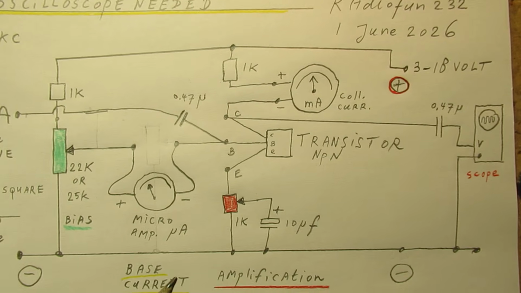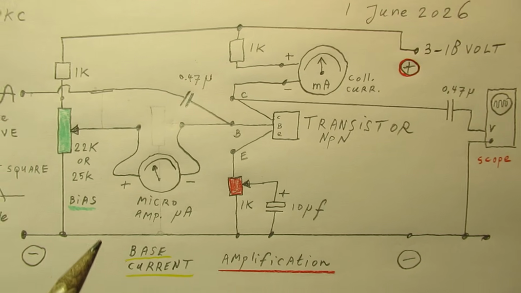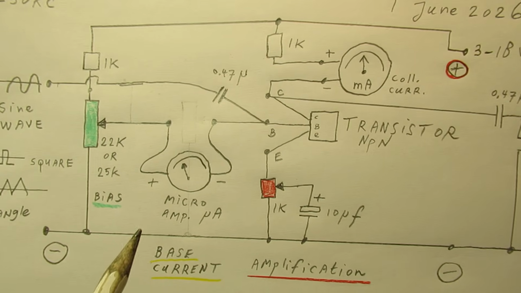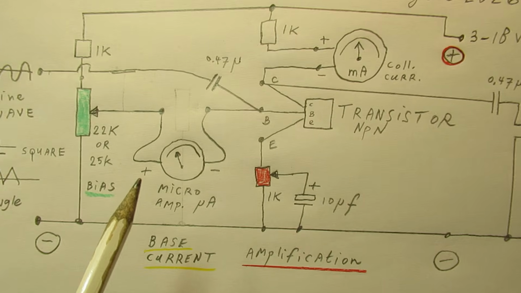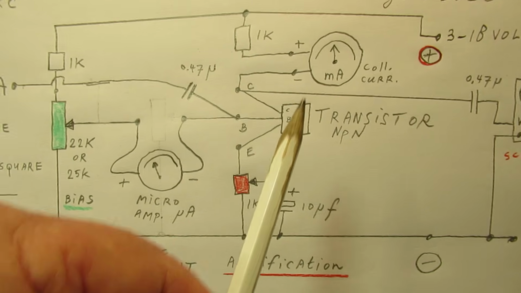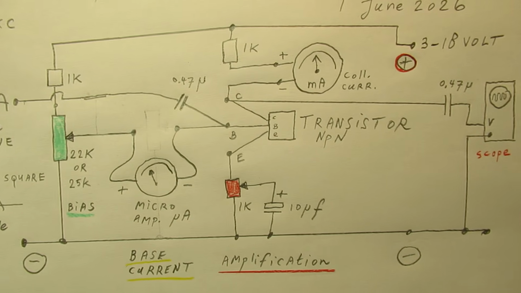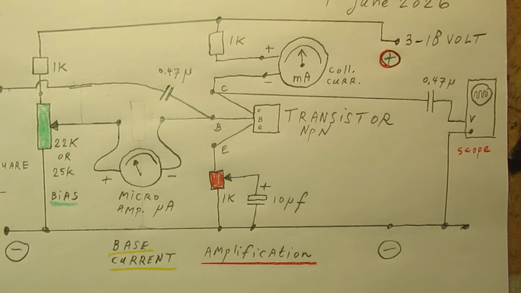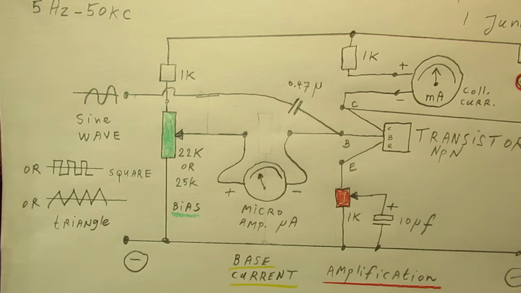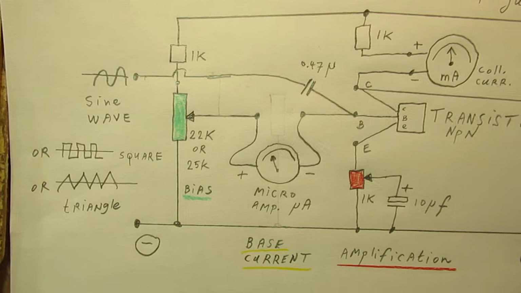The amplification factor in general is the relation between the base current and the collector current, so you can compare 10 microampere here and 100 milliampere here. That ratio tells you something about the amplification factor. But this is also useful to test it on its dynamic properties.